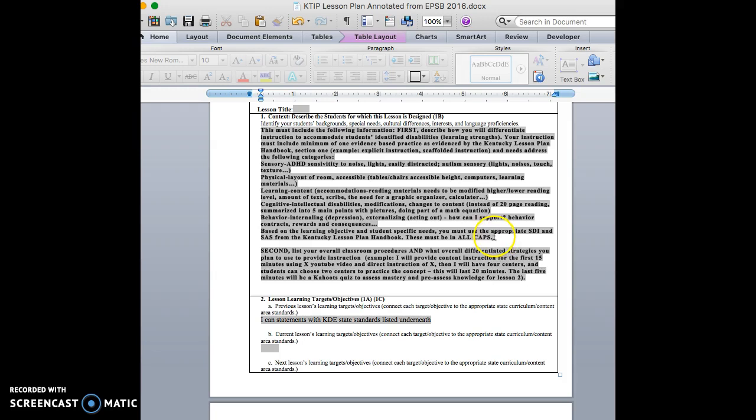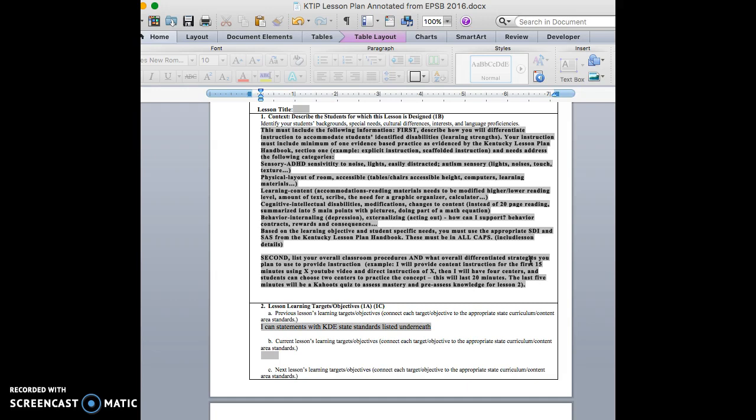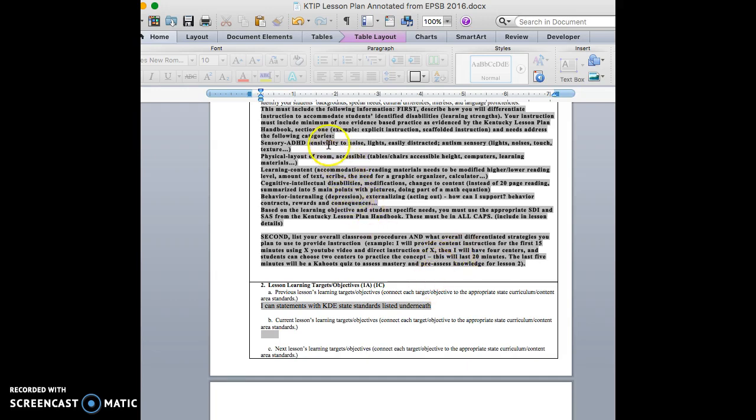Further down in the unit, once we actually start getting down into the lesson details, you're going to include specially designed instruction and supplementary aids and services. And those you're going to include in all caps so that they're easy to see. After you give us a holistic look at the things you're doing to support students with different learning styles and needs, then you're going to tell me your overall classroom procedures and what strategies you're going to use.